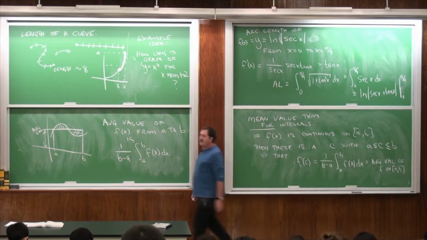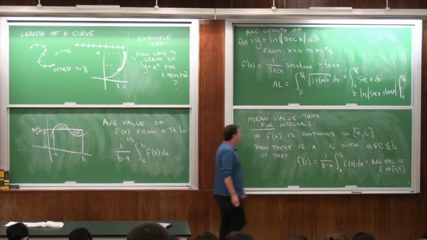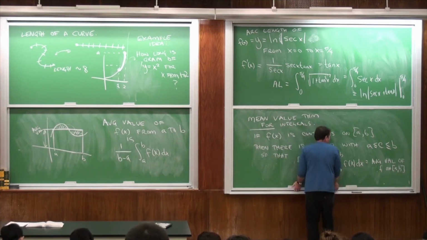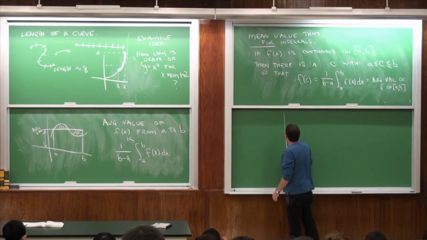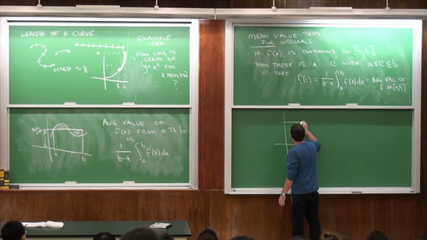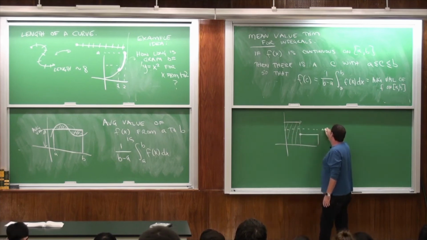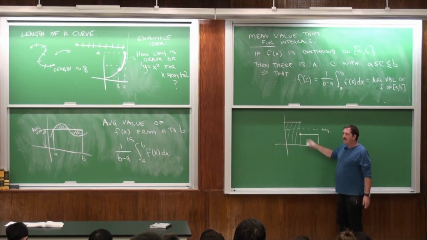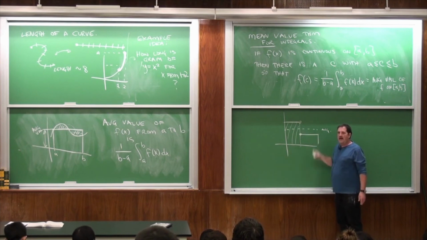This isn't true if my function isn't continuous. If I have a jump, then this isn't true, because, right, suppose I have a function that looks like this, and then it jumps down here. Well, the area under this, the average value is here. But there's no C that takes on this height because it's always this height or that height.